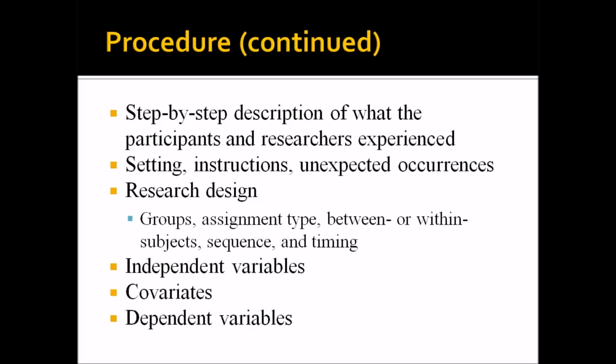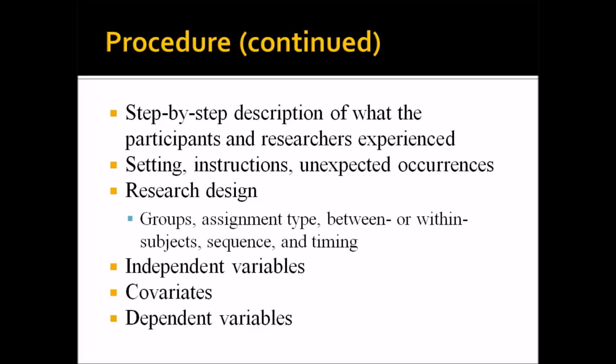Now, it's important to note here that oftentimes we collect a lot of data, but not all of that data is used in every study. So if you have 3 dependent variables in a particular study, but you're only focusing on one for a specific manuscript, you still have to indicate that the other measures were given. That's important because that could influence how participants responded.